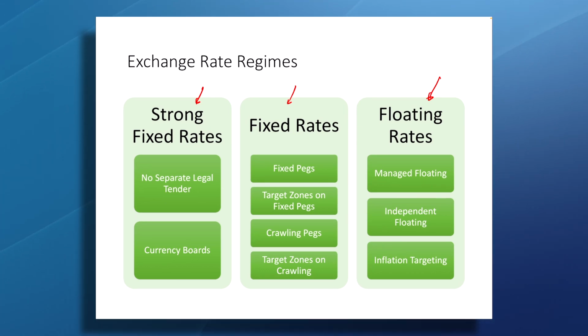So when you have a flexible rate or a floating rate, what you want is to allow the dollar-peso rate to move with market forces. That's the idea. A very independent floating means that the central bank will allow this number to be anything. Inflation targeting is a form of extreme flexibility on that exchange rate.